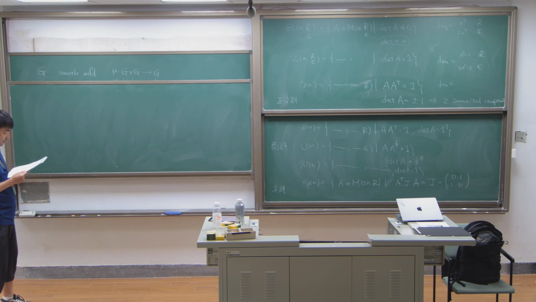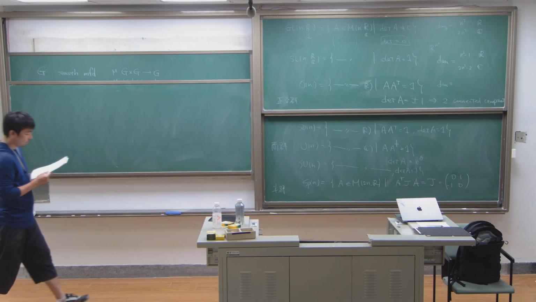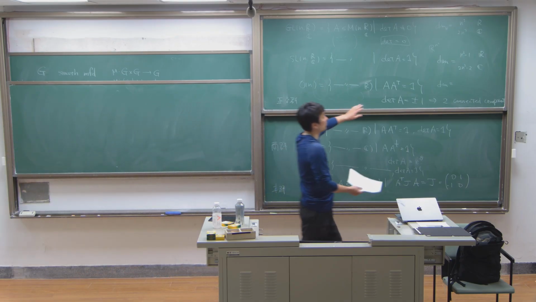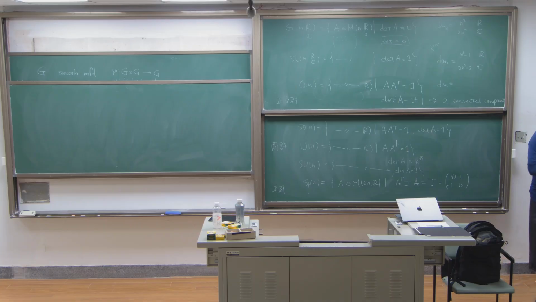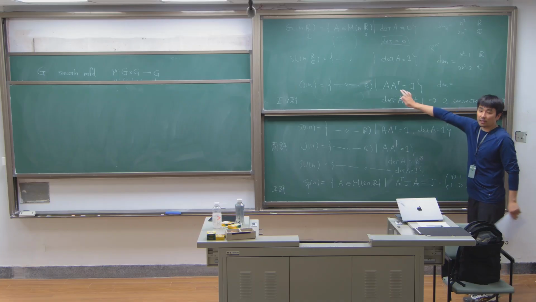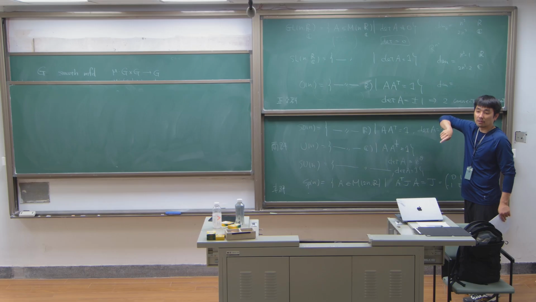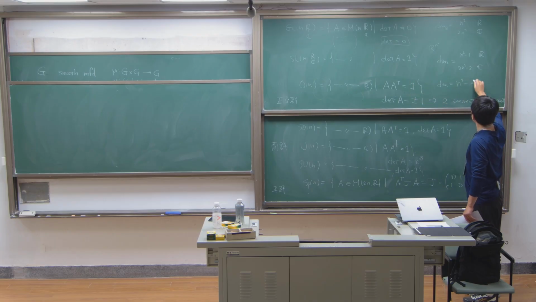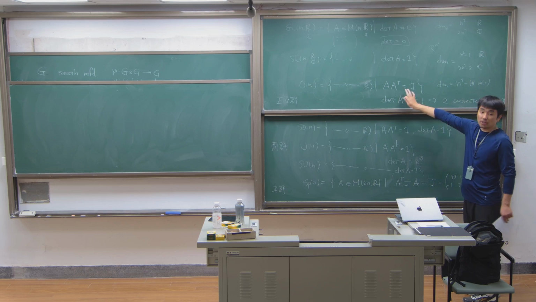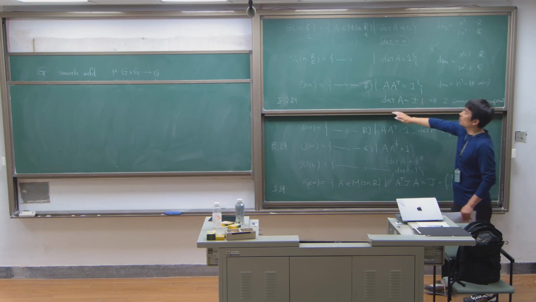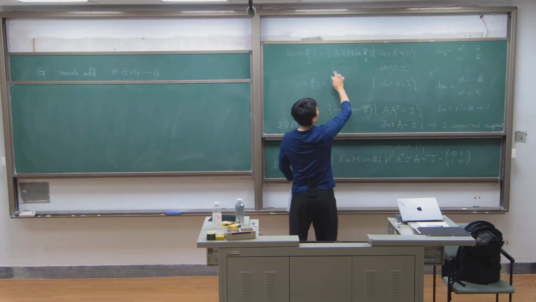Maybe we can do the following computation. What's the dimension of this thing? How many relations will you obtain from here? The dimension is essentially n squared minus the number of relations. N squared is, of course, the number of entries of an n by n matrix.